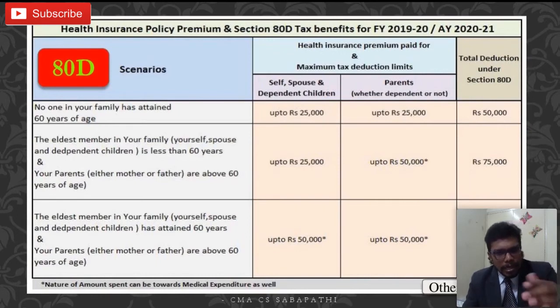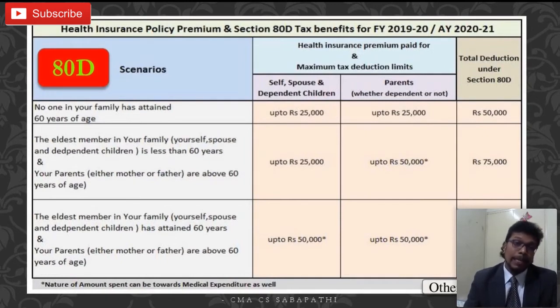You can claim up to 25,000. And for your parents also, whether they are dependent or not, irrespective of whether your spouse is dependent or not, you can avail this benefit of 50,000.